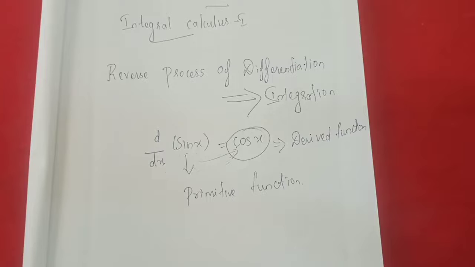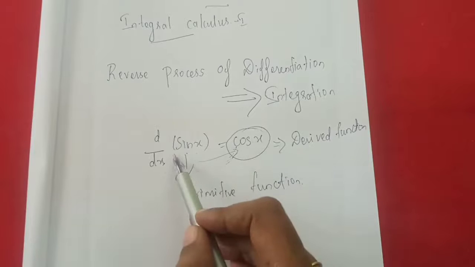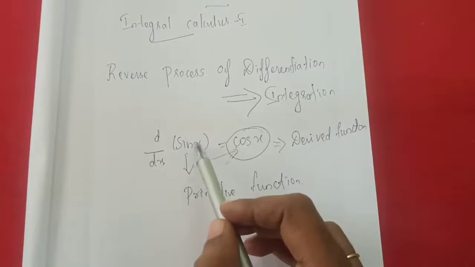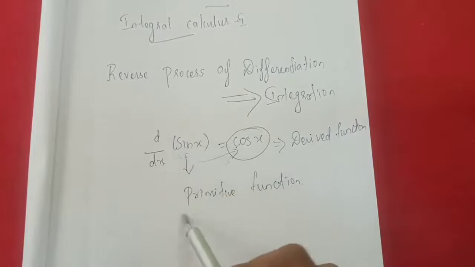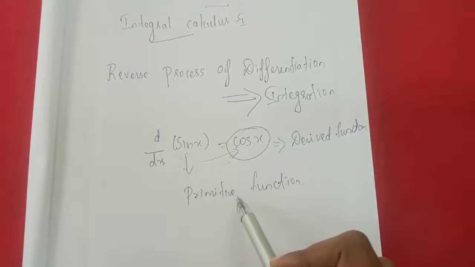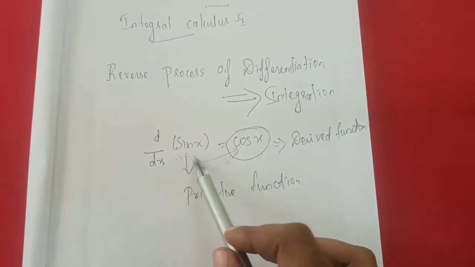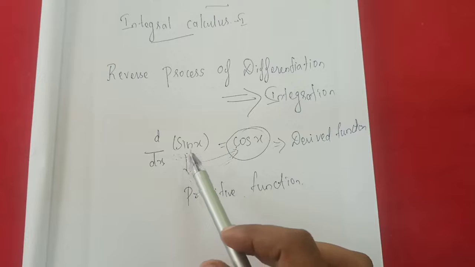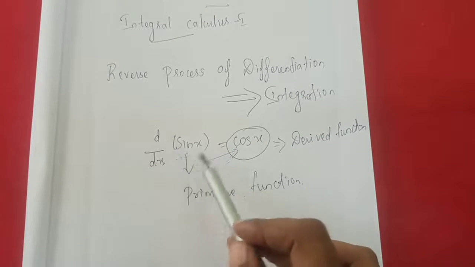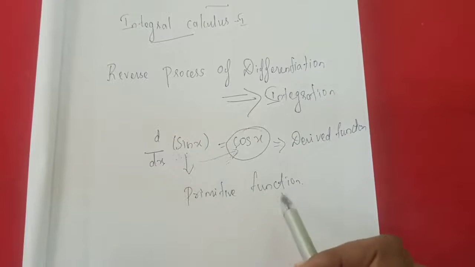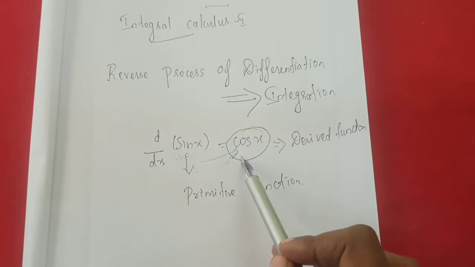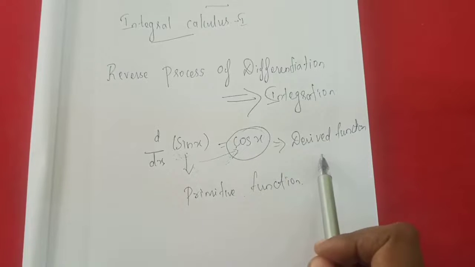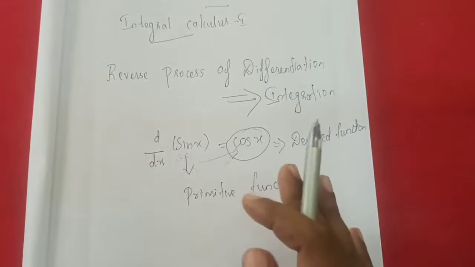Then when we are integrating we do the reverse process of differentiation. So here sin x is known as the primitive function and cos x is called the derived function. So this is a concept.